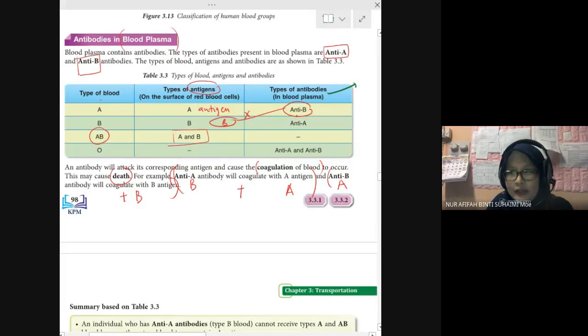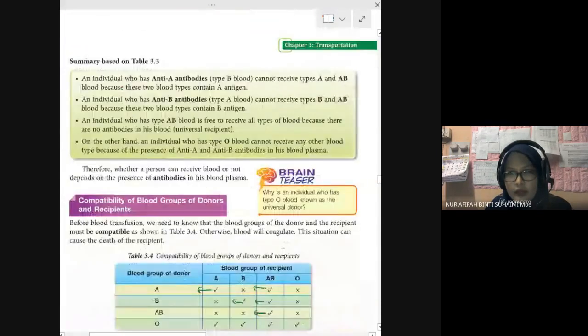And antibody A cannot mix with antigen A. Cannot be the same lah. If you want to remember, A cannot be together, B cannot be together. Alright. Okay.